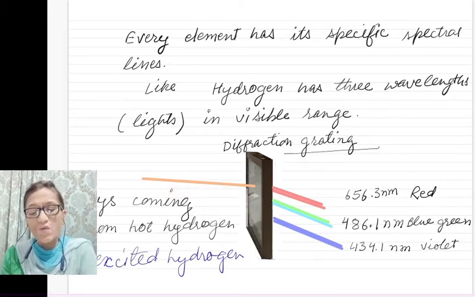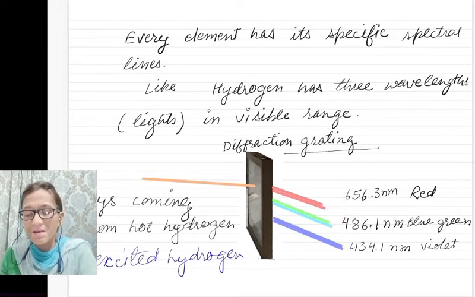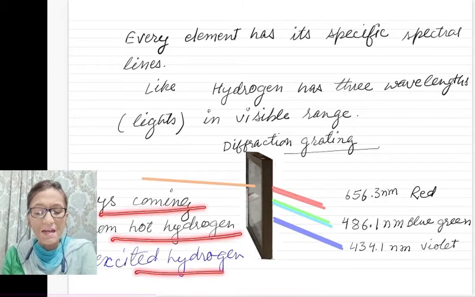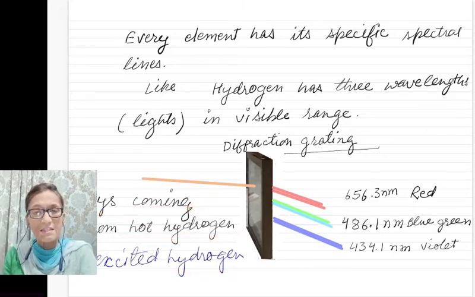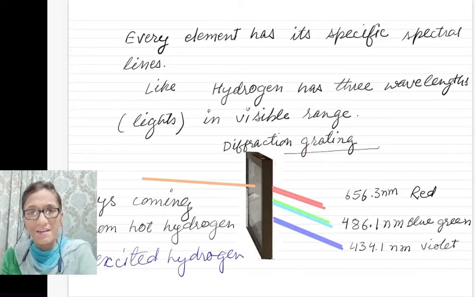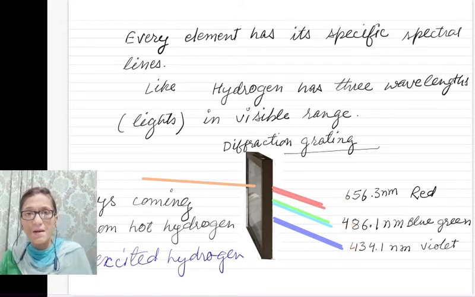When the light falls on a diffraction grating, you can see discrete wavelengths. Here, when a ray coming from hot, excited hydrogen falls on a diffraction grating, you find the spectrum of three discrete, separate wavelengths.